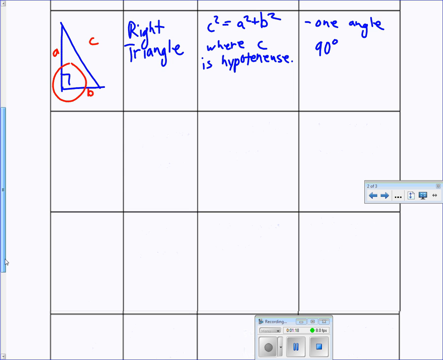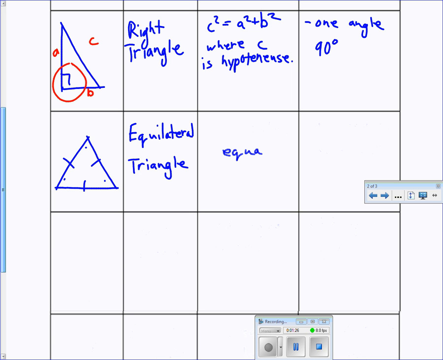The next type of triangle that we're looking at is an equilateral triangle. One of the things that you should notice is that all three sides are equal. The next thing that you should realize is that all the angles are 60 degrees in each corner.